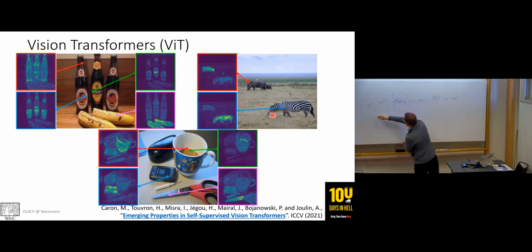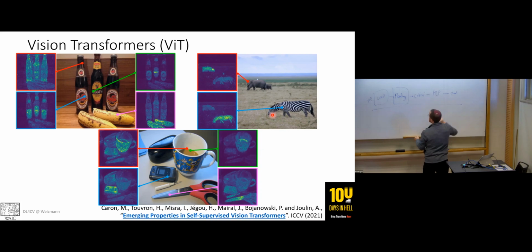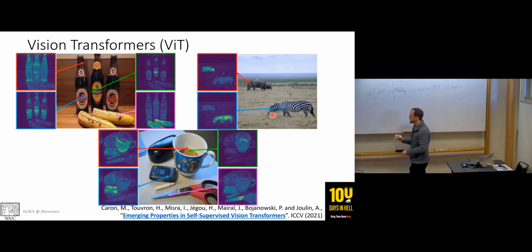But now, in the transformers, we have a sequence of tokens, we have attention that actually mixes all the tokens. The MLP here works on each and every one of the tokens separately. There is no mixing of information.